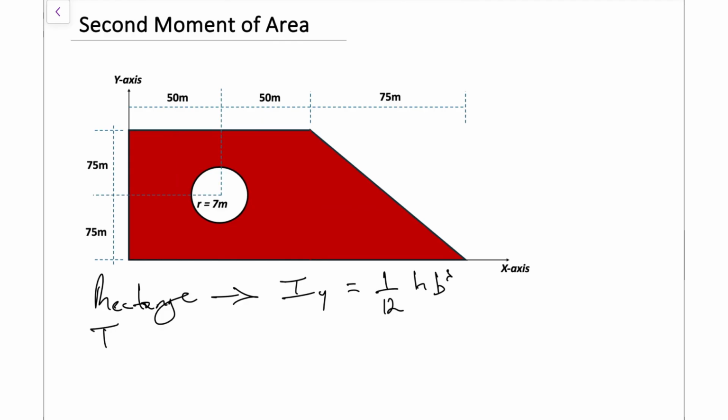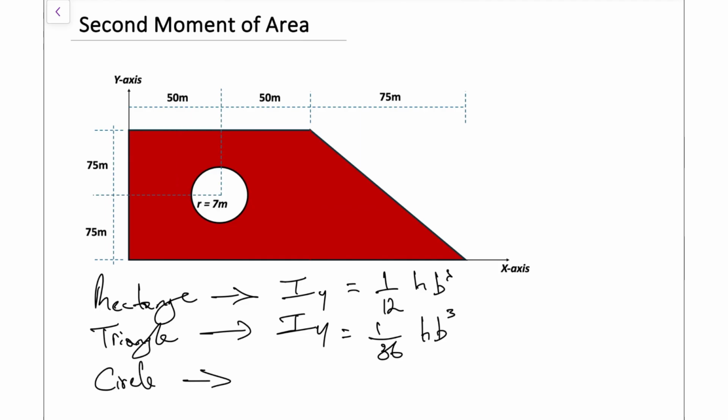For the triangle, and it's a right angle triangle as well, Iy is 1/36 times height times base cubed. And then finally, for the circle, Iy will be equal to pi r to the power of 4 all divided by 4.